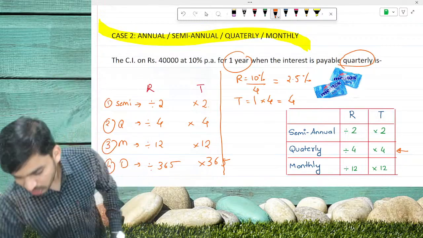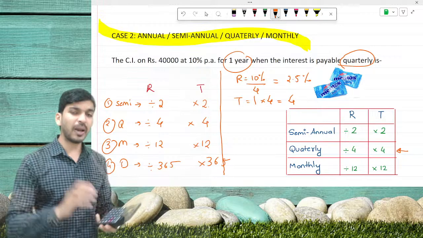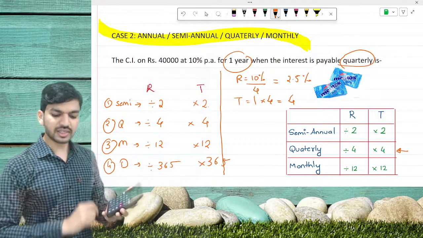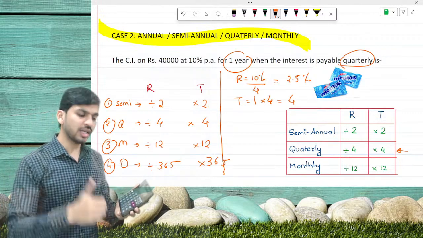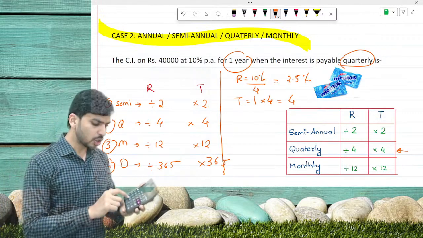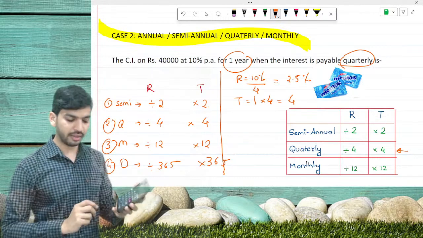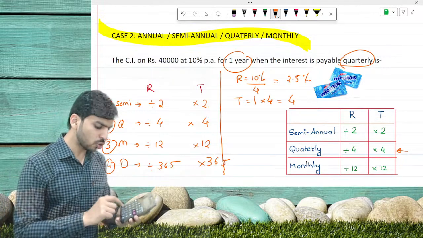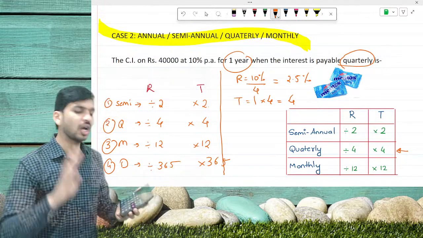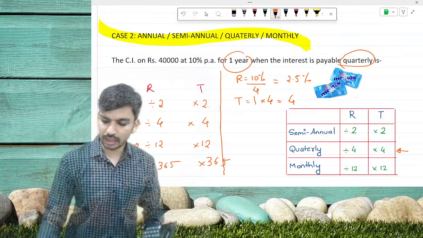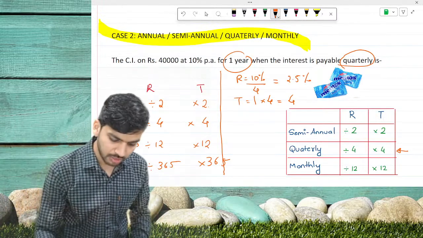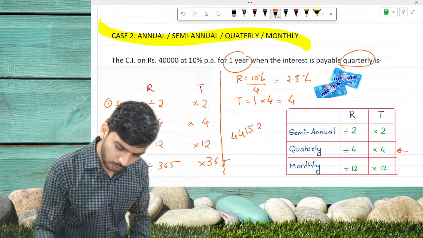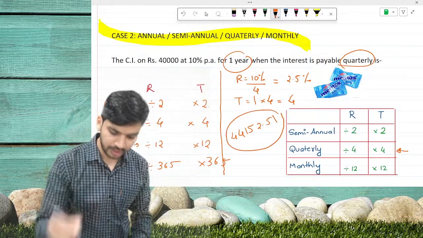So rate is now 2.5, time is now 4. Now directly go on your calculators. Your principal amount is 40,000 plus 2.5% first time, plus 2.5% 2 times, plus 2.5% 3 times, and plus 2.5% 4 times. The answer comes out to be 44,152.51.